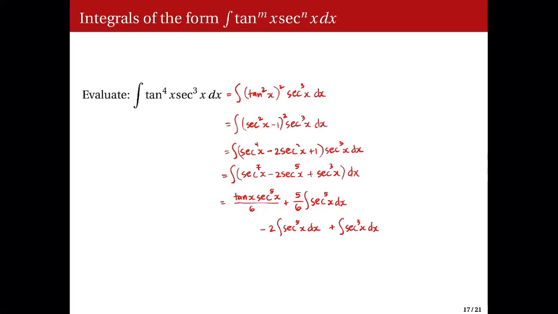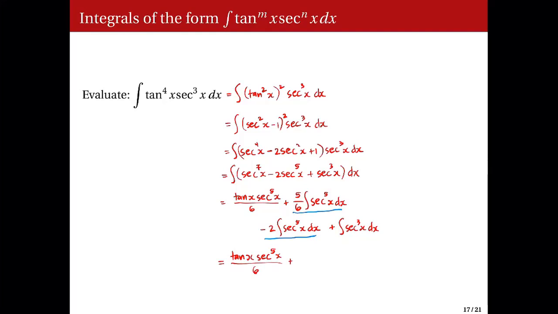What we can do is combine this with this first before applying the reduction formula again. You see the pattern? If we combine them, you will have tangent x secant to the 5th power over 6, plus 5 over 6 minus 2. What's that?